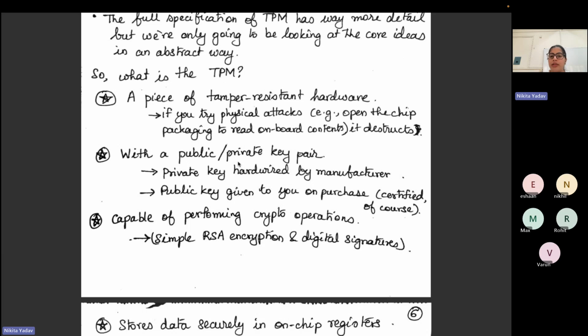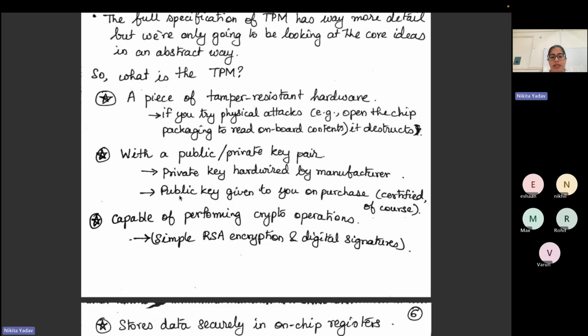Even the cloud provider, even though that machine belongs to the cloud provider, doesn't know the private key embedded inside the hardware. Then, in correspondence to this private key, there is another key called the public key, which can be used by anybody to verify that the digital signatures were indeed created by the TPM with its own private key.